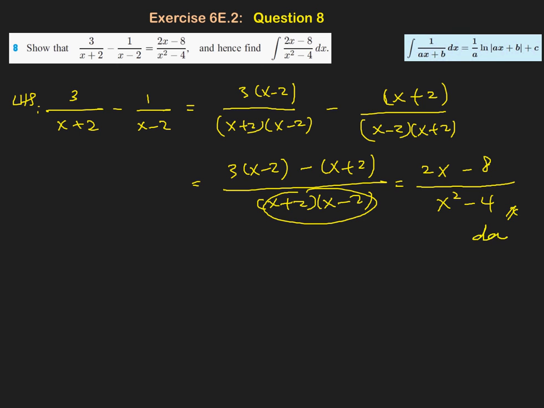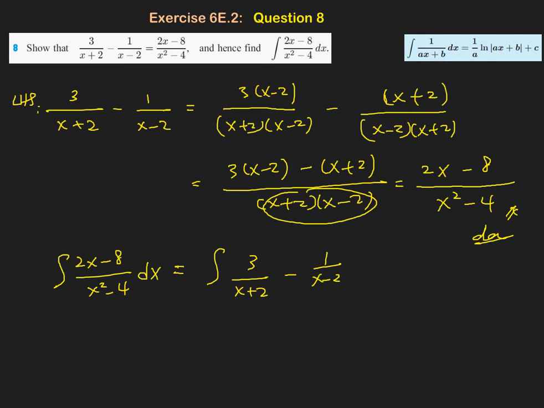So hence find this. They ask you to find this, and you realize why at first they ask you to prove this identity, because now I can write this as follows.